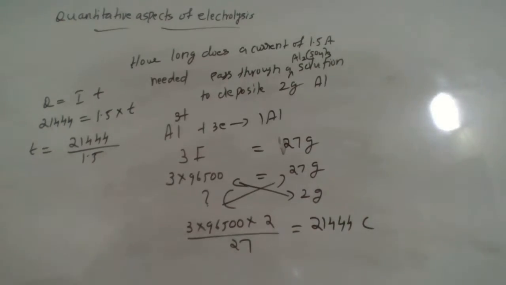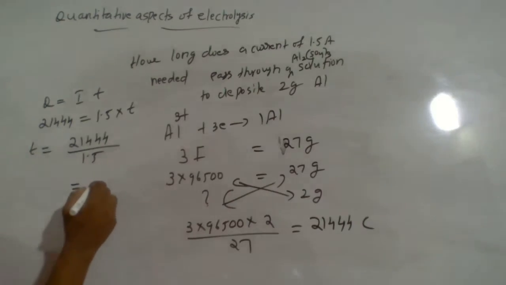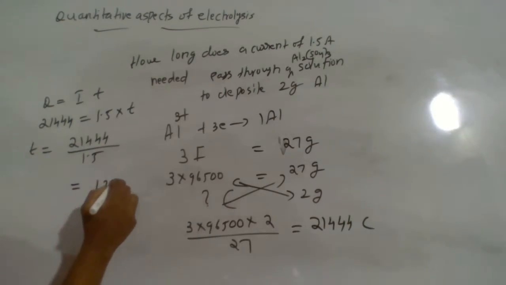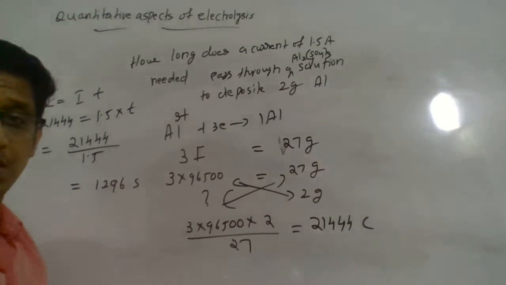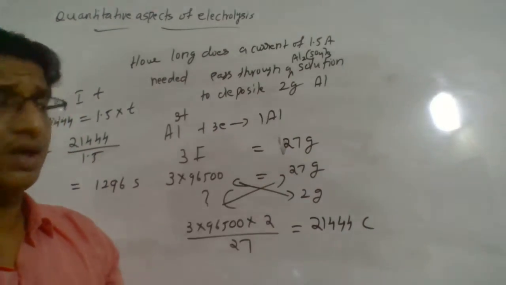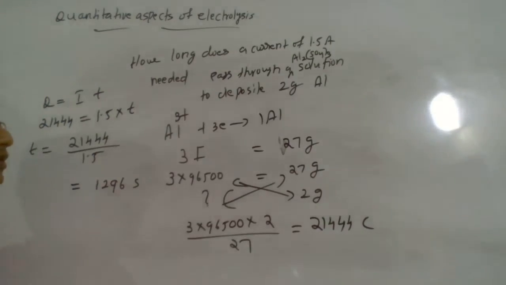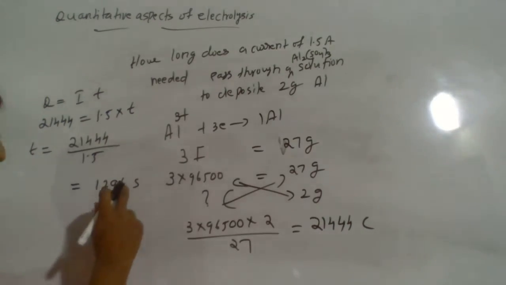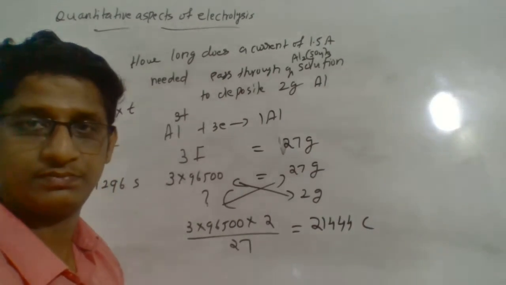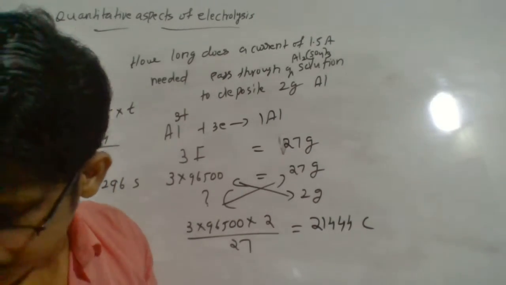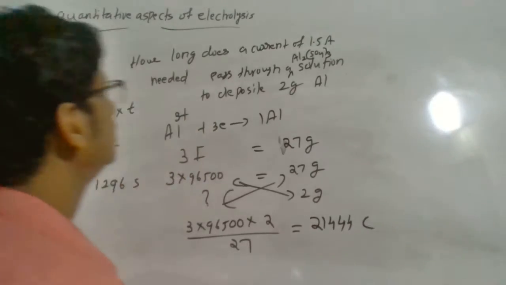If you do that calculation, you will get 1296 seconds. So you have to pass an electric current of 1.5 ampere for 1296 seconds for depositing 2 gram of aluminium. Okay, so that's the way you have to practice.